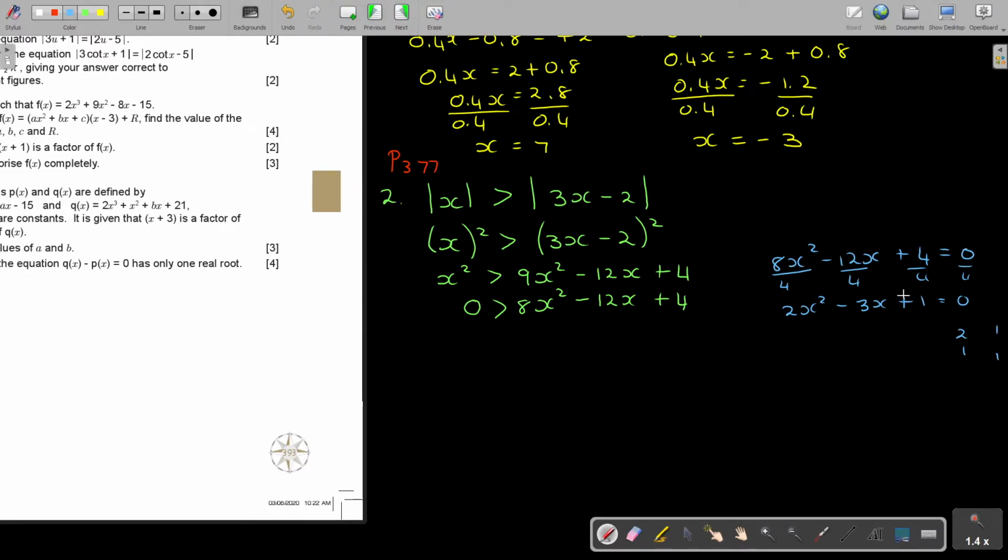So 2 plus 1 is 3. The signs are the same, minus, minus. So if I put an x and x, I will get that it's 2x minus 1, x minus 1. So 2x equals 1, x equals 1. So x is a half, or x is equal to 1.